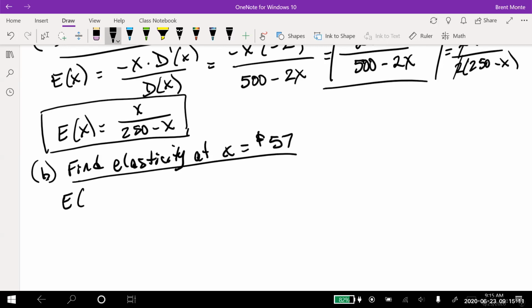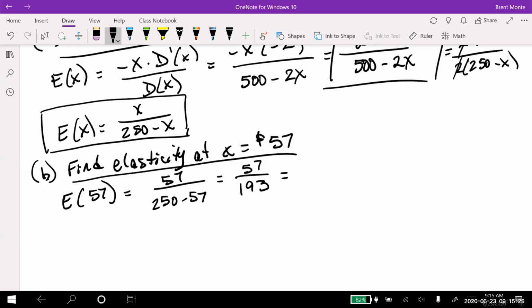We say, oh, that's the 57. So we get 57 over 250 minus 57. What's that? 57 over 193. Let's get that as a decimal.